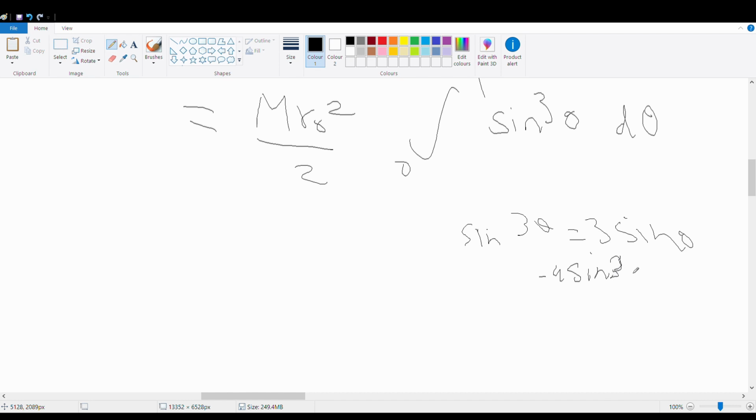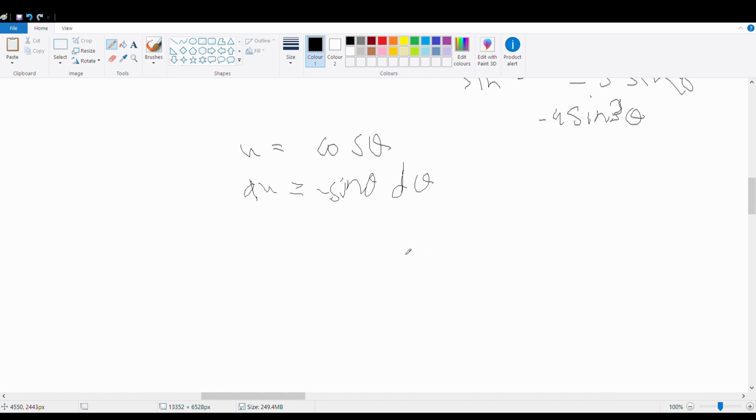That's supposed to be a 3. Or another way to do it is you can take u as cos theta.